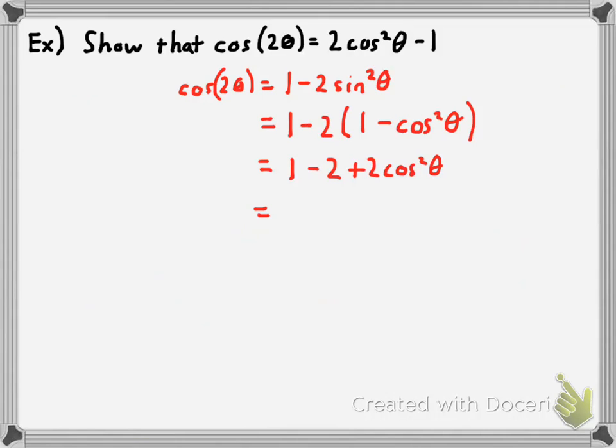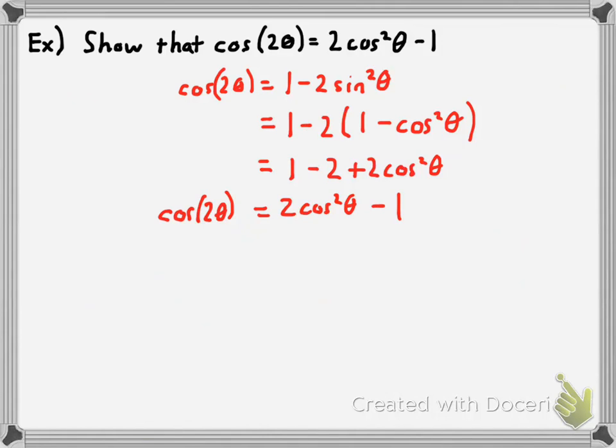And then I can just bring that 2 cosine squared theta to the front. And then 1 minus 2 is negative 1. I can just put that in the back. Okay, now, again, I'm just going to pick an angle that we know and show you that this works. Always the cosine of 2 theta can be found by doing 2 cosine squared theta minus 1.